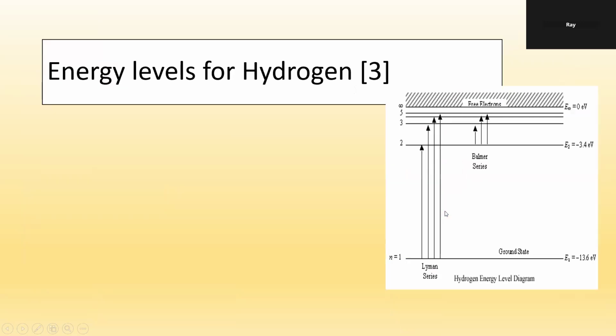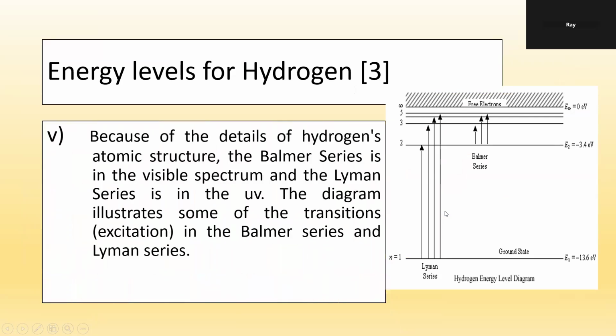Because of the details of hydrogen's atomic structure, the Balmer series is in the visible spectrum and the Lyman series is ultraviolet. The diagram illustrates some of the transitions. This is called excitation in the Balmer series and Lyman series.